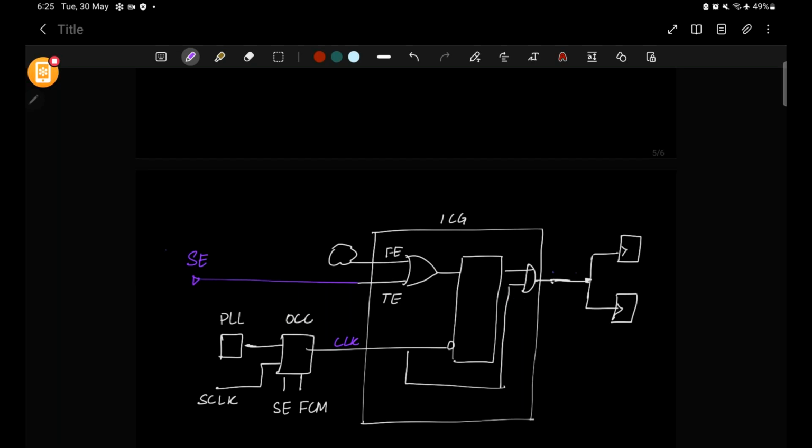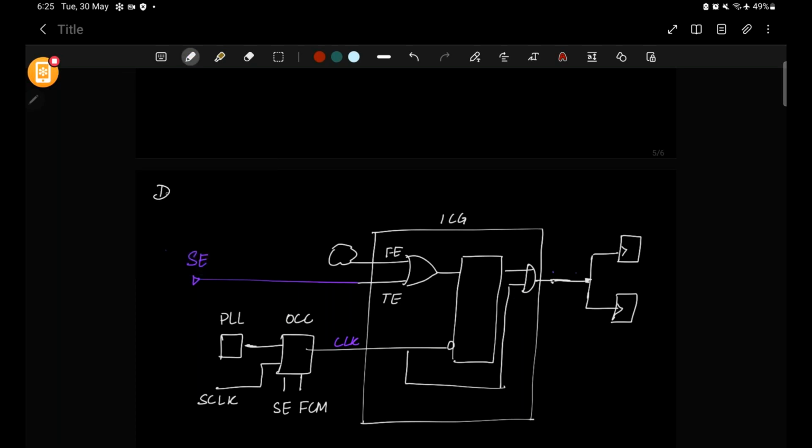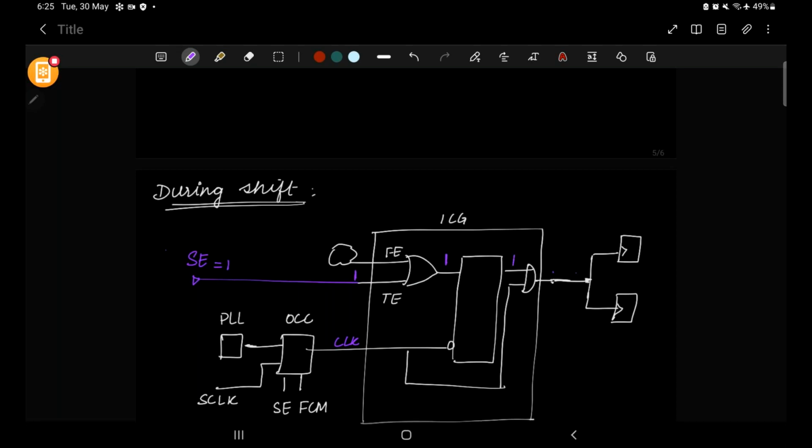We will consider what will happen during the shift phase and during the capture phase. First, during shift phase, scan enable will be 1. So this test enable is also 1 because it is connected to scan enable. Output of the flop will be equal to 1, output of this OR gate is 1, and output of this latch will also be 1.